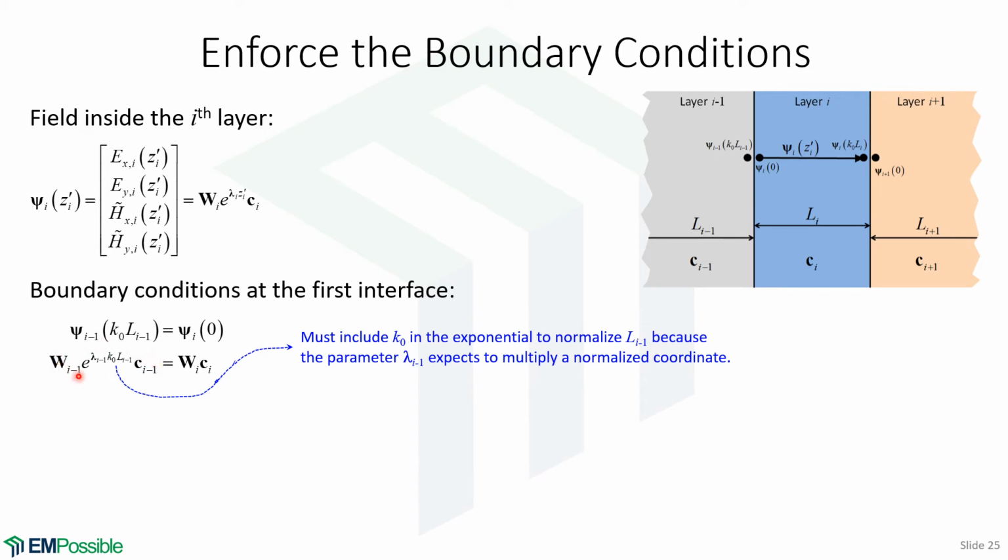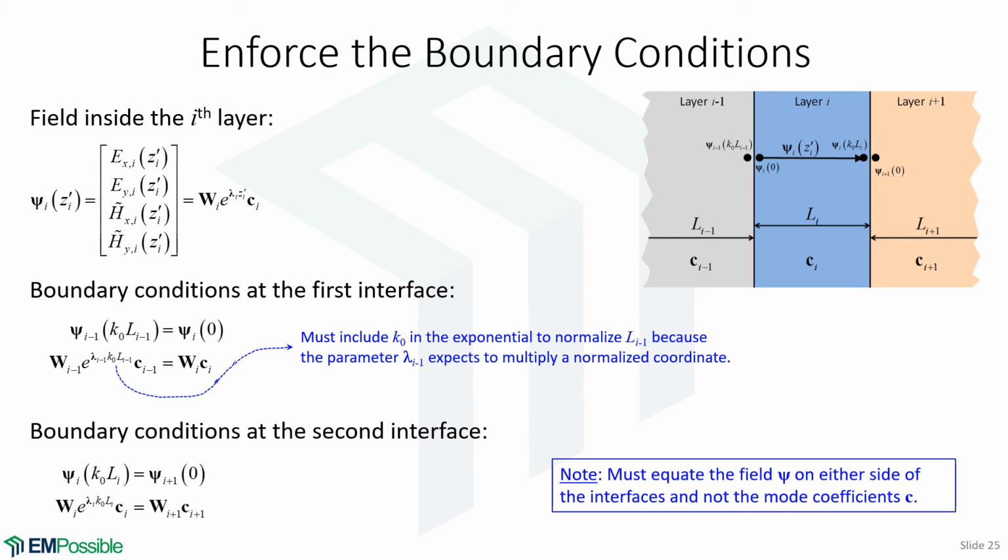So that is the field at the far right side of layer i-1. At the far left side of layer i, it's the eigenvector matrix times the mode coefficients. Now we might say, where did that exponential go? Well, this is at z equals 0. And so if we set z equals 0 here, this exponential becomes the identity matrix. That's the matrix equivalent of a 1. So it's not even there.